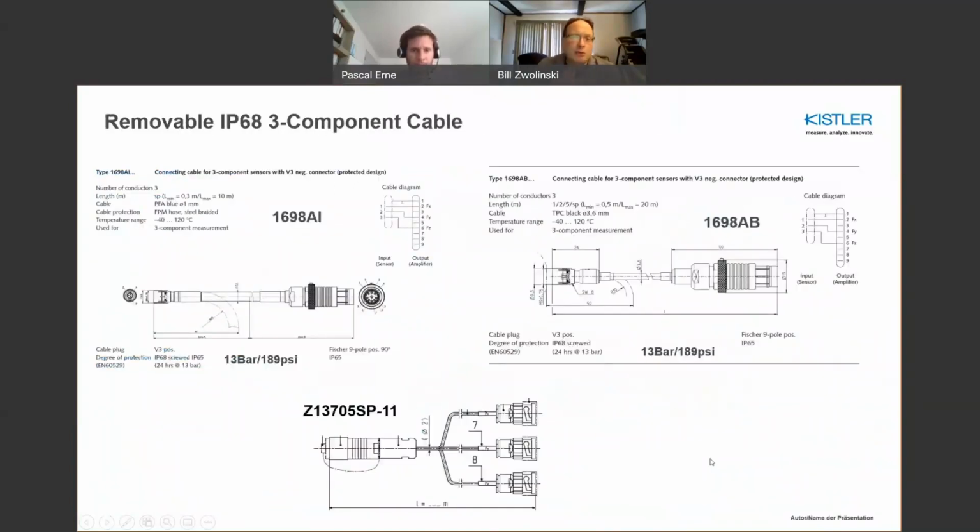I just wanted to show briefly this 1698 AI and AB cable. The AI cable is an armored, steel braided cable.